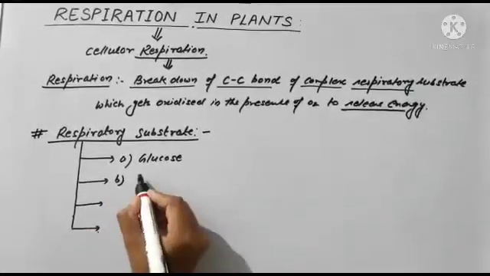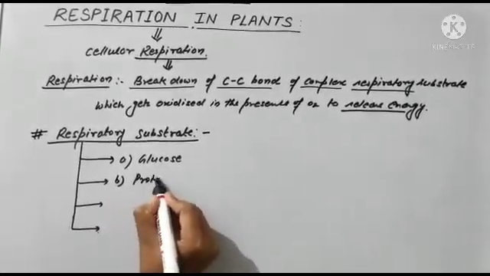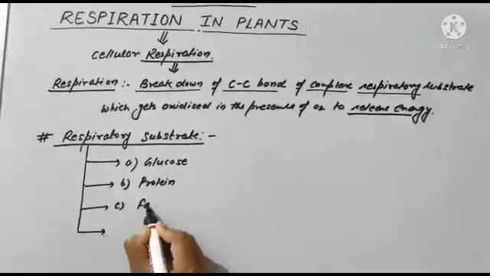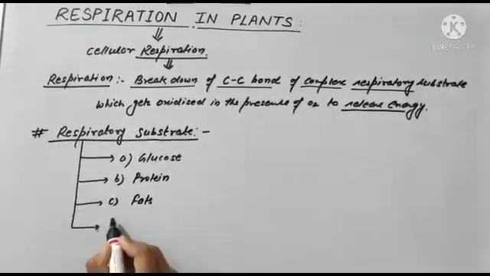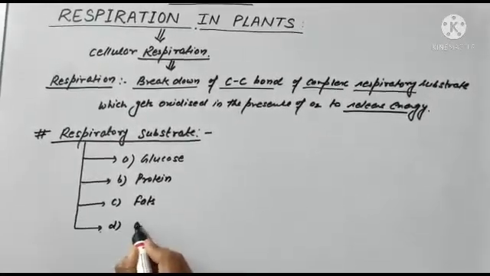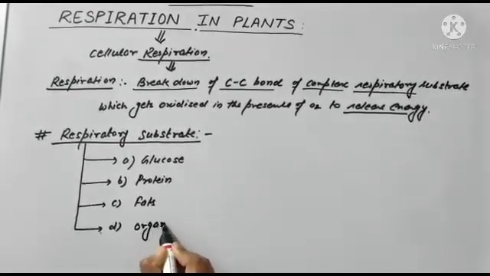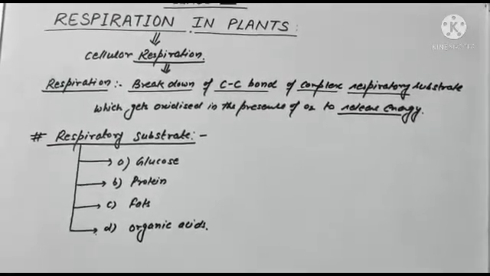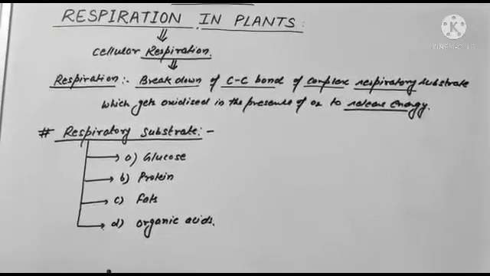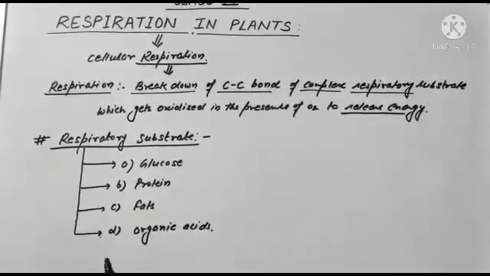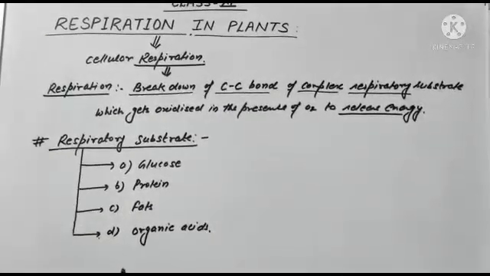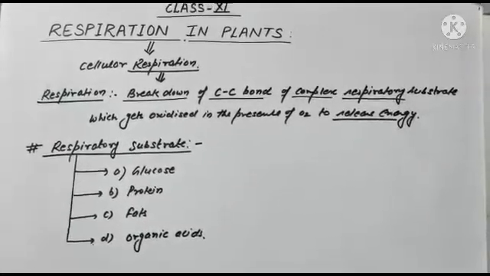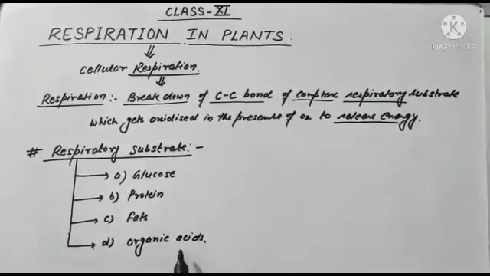Apart from this, we can use protein as a respiratory substrate, the third is fats, and the last is organic acids. These are the substances that get oxidized in the presence of oxygen to release energy.